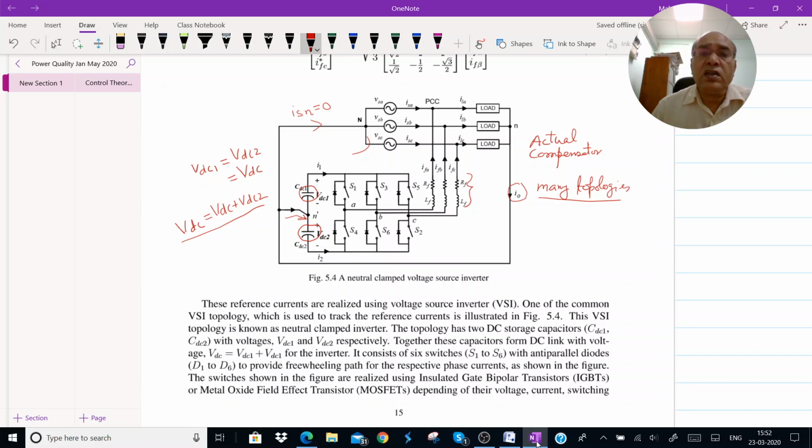So this is called the point of common coupling. If you look here, this is basically the point of common coupling where the compensator, the load and the source are connected together. Okay, so I'll just write the terms here so that you remember them: this is called PCC, the point of common coupling.